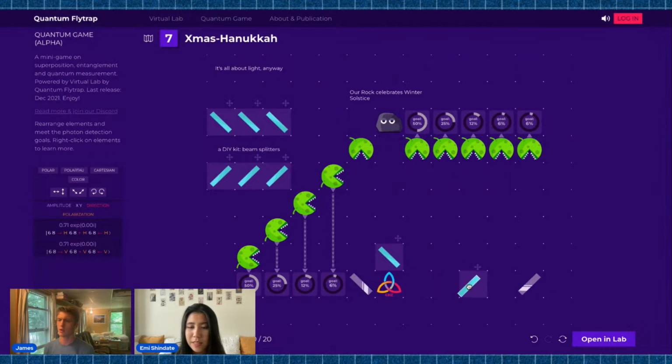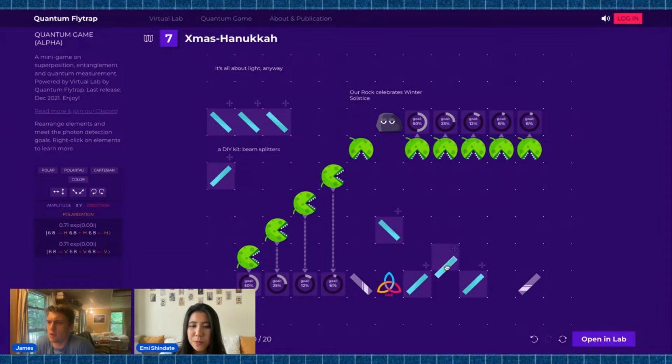We can't move the mirror, but we can move the beam splitters. Which direction? We have extra splitters in the left side. See? Oh yeah, perfect. We're gonna need those. Okay, right. So this one, surely we just put them all in a row. Oh, really? If only it were that easy.